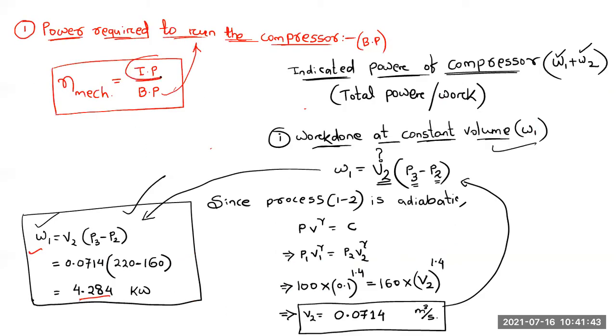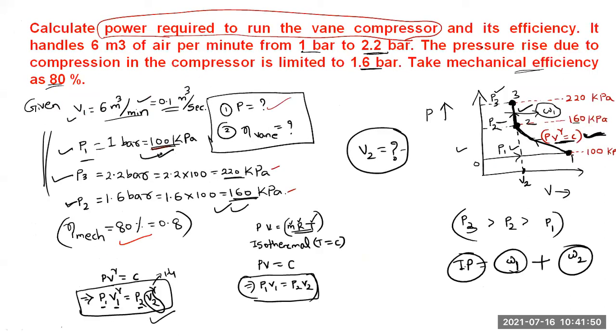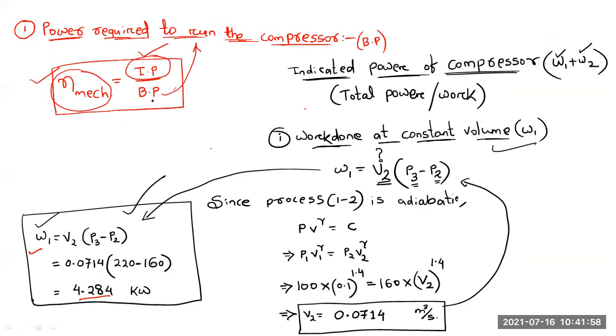This indicated power we have calculated. Mechanical efficiency is also given in the question: mechanical efficiency is 80%. From this formula we can calculate the brake power, which is nothing but the power required to run the compressor. Mechanical efficiency equals indicated power divided by brake power.